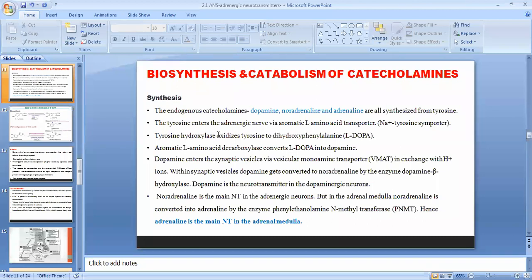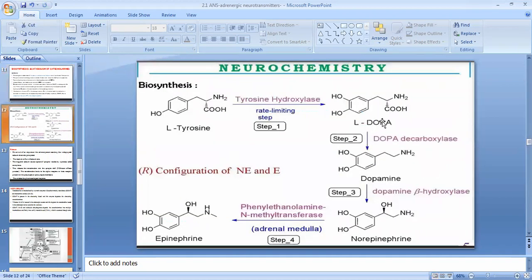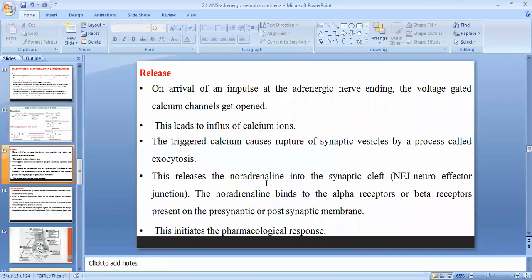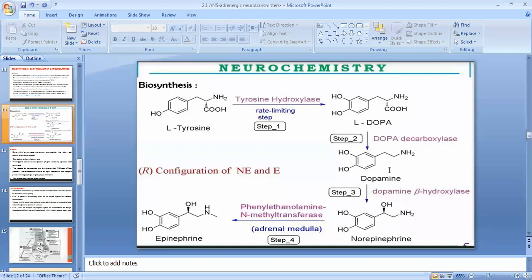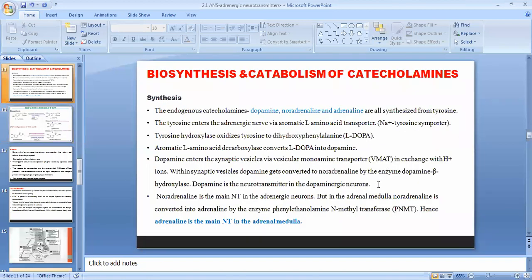Tyrosine hydroxylase will oxidize tyrosine into dihydroxyphenylalanine. We have already seen dihydroxyphenylalanine, and this undergoes decarboxylation to form dopamine, and dopamine is the neurotransmitter in the dopaminergic neuron.